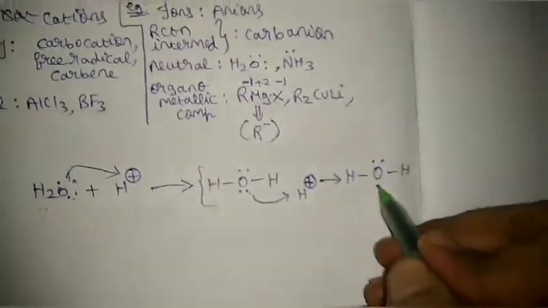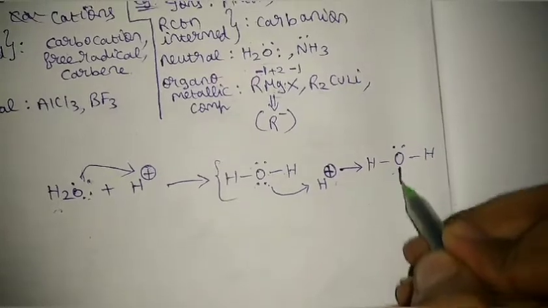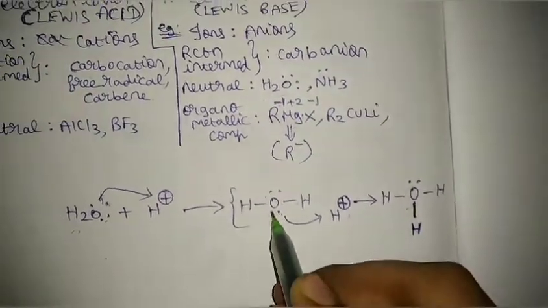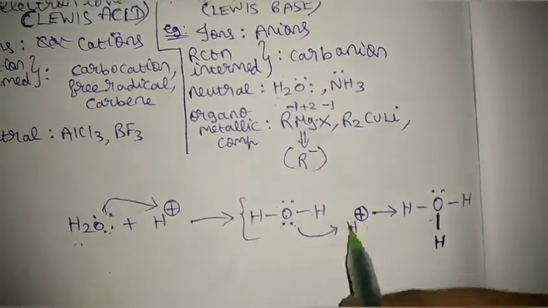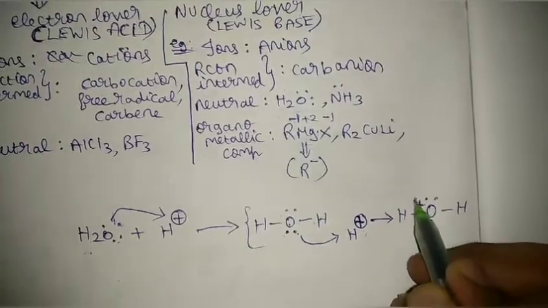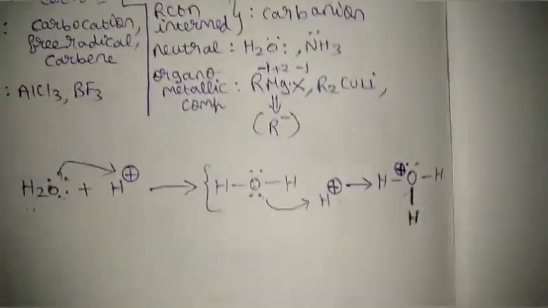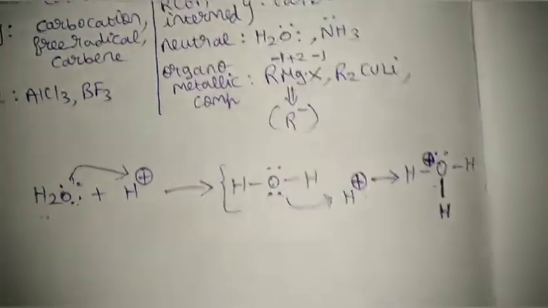We'll see slowly. So this new bond is formed, okay. Just highlight it more. New bond is formed, and to show this electron, it is shared between this oxygen and the hydrogen, right? So you'll get a positive charge here. Basically you should have read the formal charge concept, okay, in your covalent chemical bonding chapter.